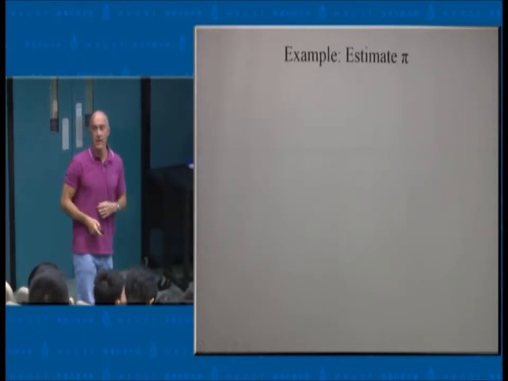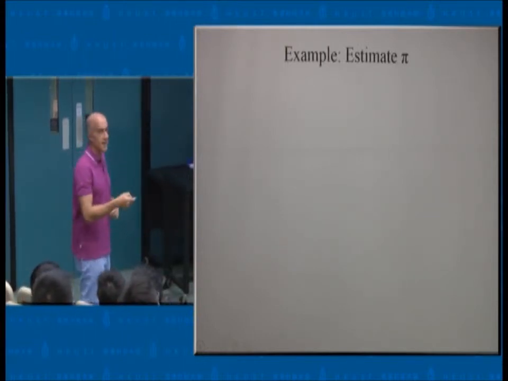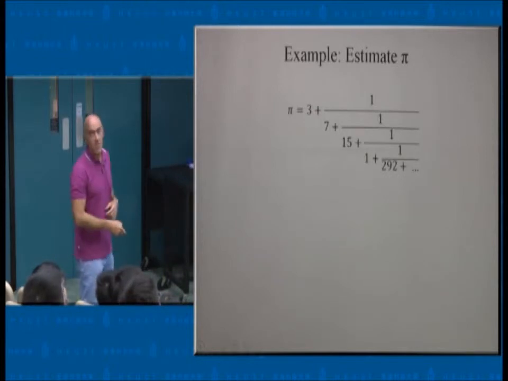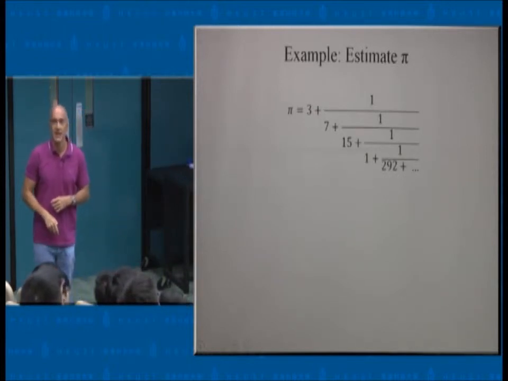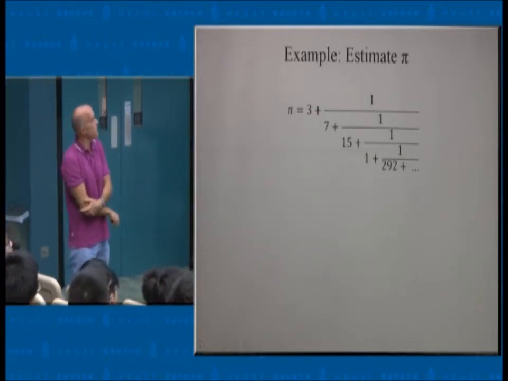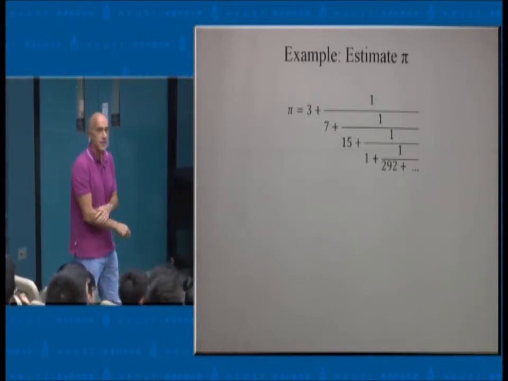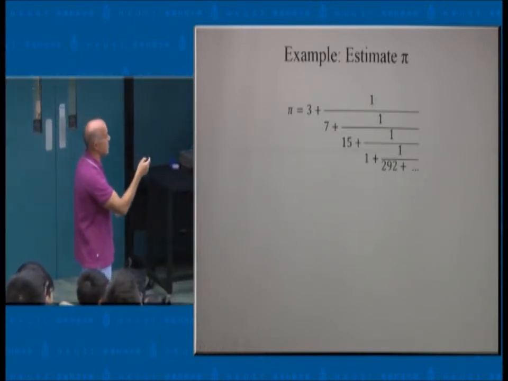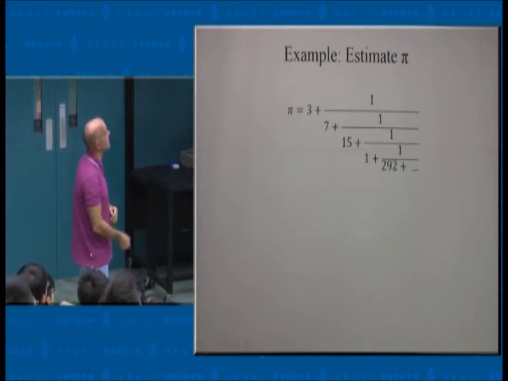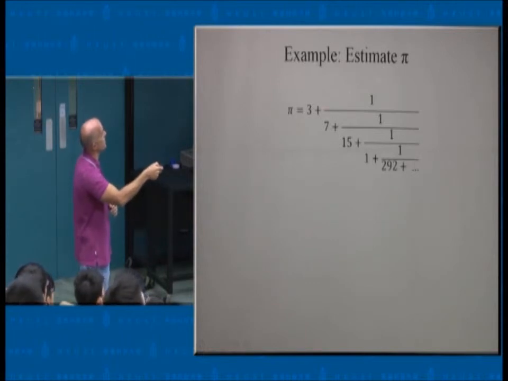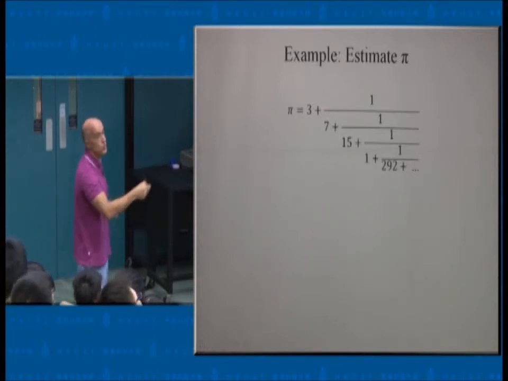So how about pi? Everybody knows pi. Here's pi. This is the continued fraction expansion for pi. We can look at approximations to pi. The first one is 3 plus 1 over 7, so 21 over 7 plus 1 over 7 is 22 over 7.